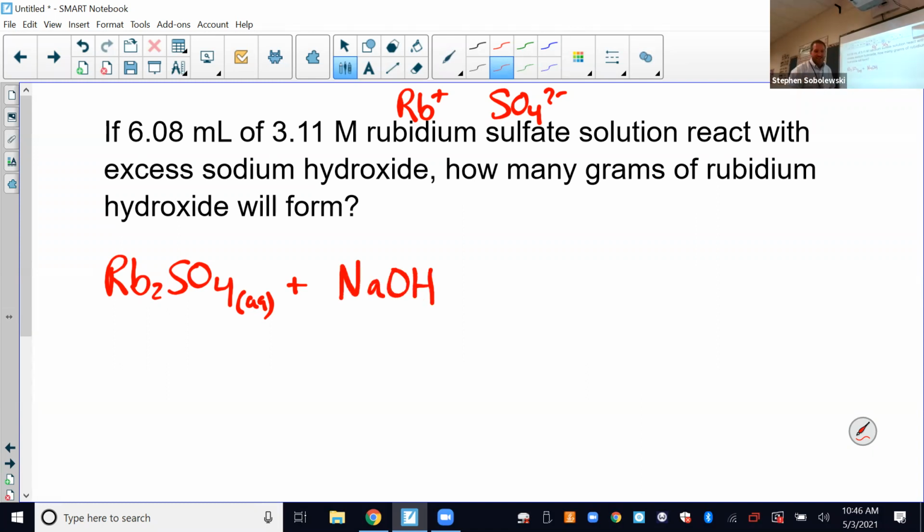I didn't indicate the state here, so we're just going to leave it like that. Type of reaction: well, I have AB, CD, so it's going to be a double replacement. Rubidium is going to bond with hydroxide. Hydroxide is OH minus, so it's going to be RbOH. Sodium is going to bond with sulfate, and since Na is plus, we're going to get Na2SO4.